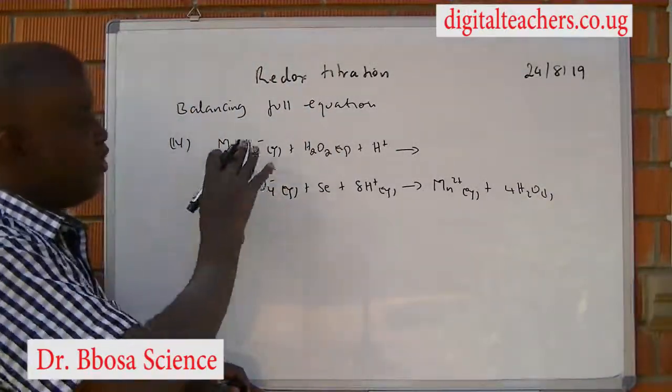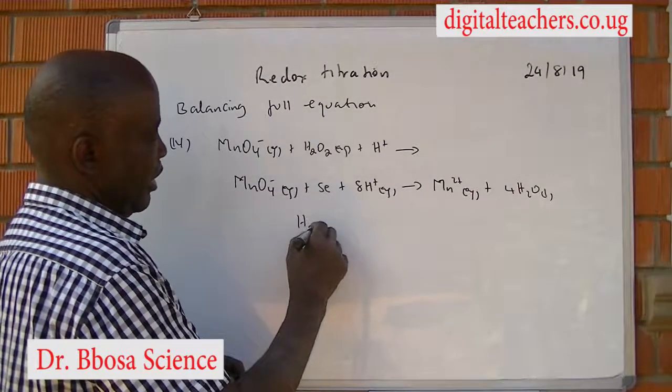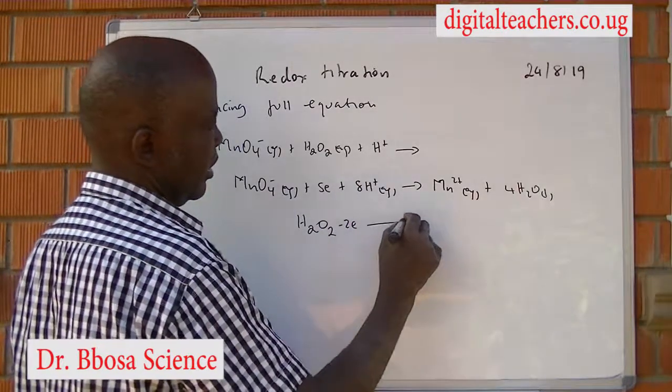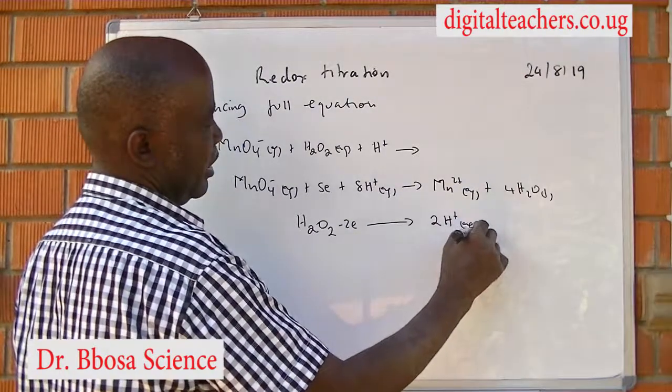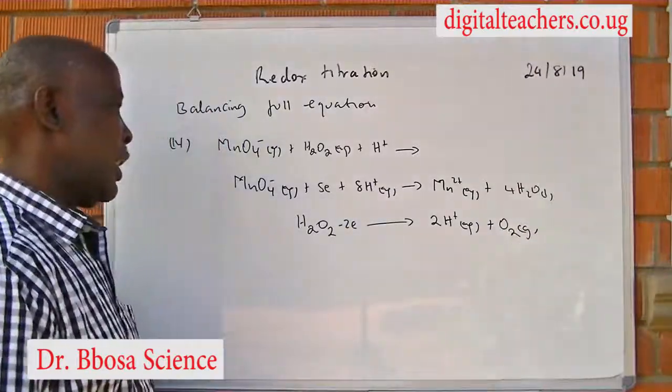Again, you write the half equation for hydrogen peroxide. We saw that hydrogen peroxide, H2O2, minus 2 electrons, gives you 2 hydrogen plus aqueous plus oxygen gas.